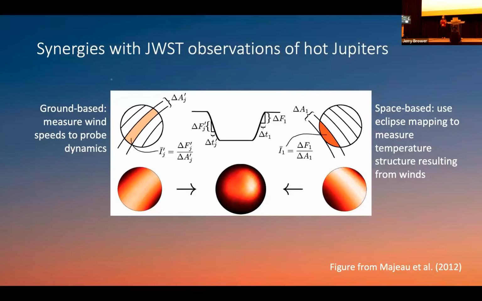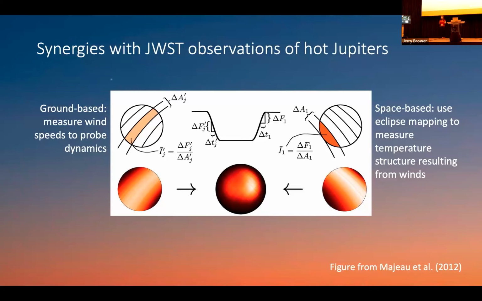I just want to talk about one more that I'm very excited about, which is starting to understand a little more about the 3D structures of hot Jupiter atmospheres. One thing that JWST is going to be able to do that we can't do from the ground is eclipse mapping of hot Jupiters, which is essentially a technique to get a 3D temperature map on the day side of these planets, resolved in longitude, latitude, and altitude.